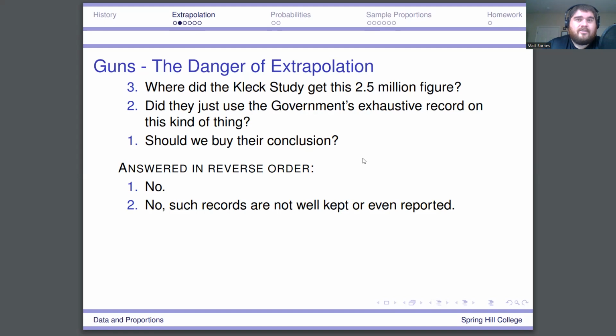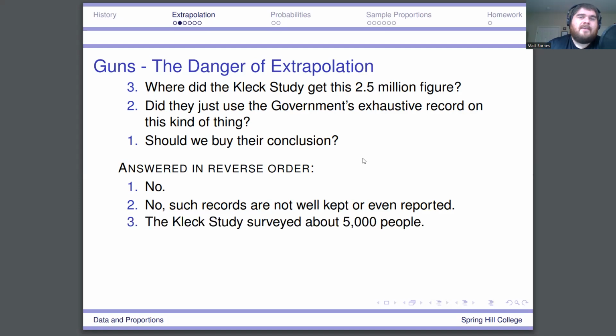No. There's very, very little kept on this unless something is officially in a police report, and even those can be difficult to get a hold of because you have different levels, whether it happens in a municipal sense or a state sense or a county sense. So even if there are some records, they are very spread out, and they do not encompass nearly any substantive portion of what we need to look for.